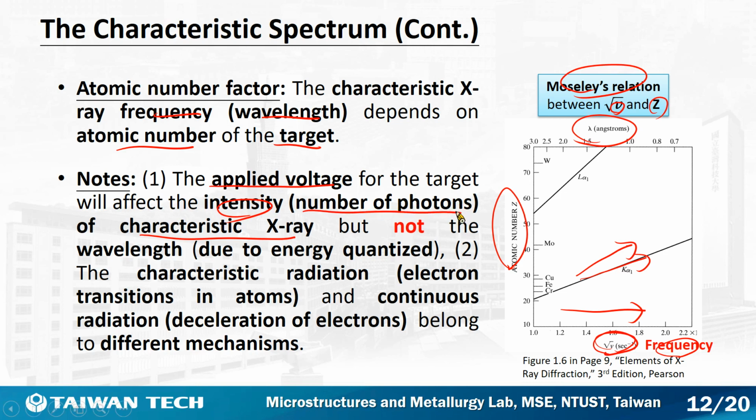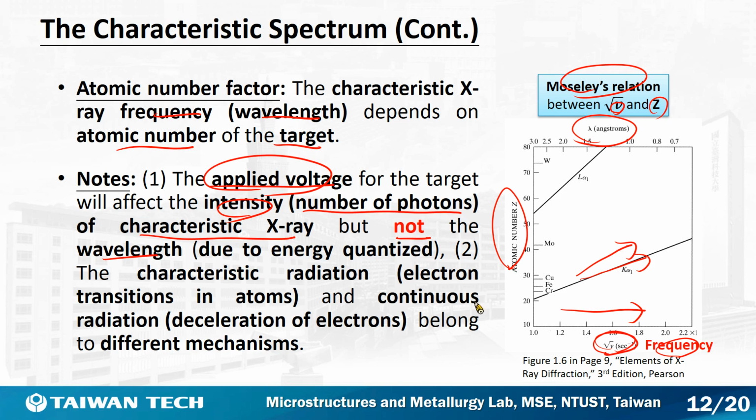But the wavelength will not change, because the reason we have characteristic radiation is that electrons bombard the target, and then the electrons for the outer shell must be filled in. So it's about quantum mechanics. The quantum state will not be changed for different applied voltage, so it will not change the wavelength.